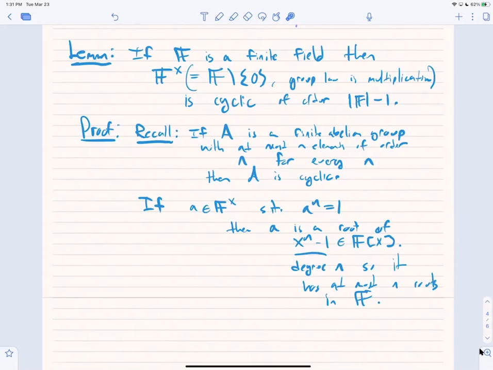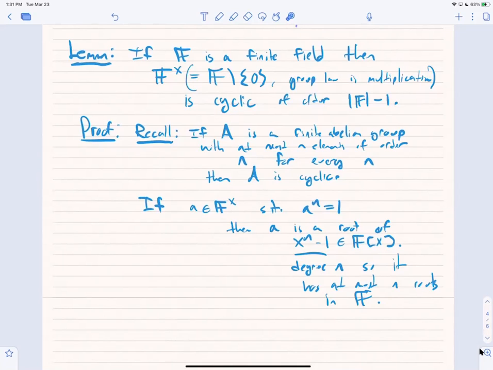And then let me also remark that this proof generalizes a little bit. So if you have any field, the point is that in any field, the torsion elements in F cross are just the roots of unity.